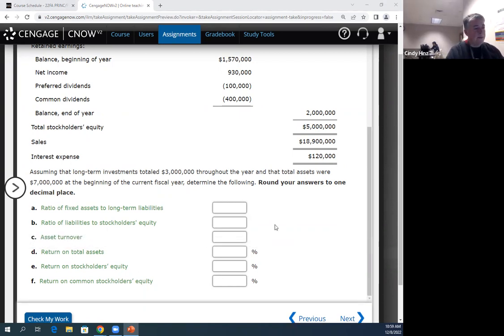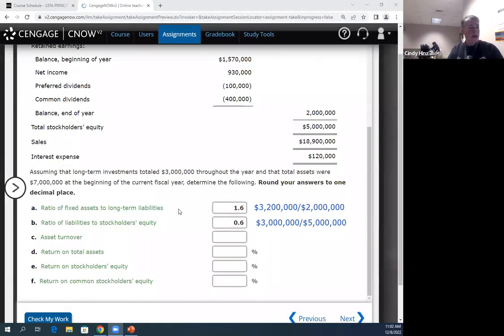Actually, before we do that, I'm going to ask you to do the first two calculations on your own: the ratio of fixed assets to long-term liabilities and the ratio of liabilities to stockholders' equity. I'm going to pause the recording and ask you to do A and B on your own, then restart the recording, and we will pick up with asset turnover, which is a new calculation for us.